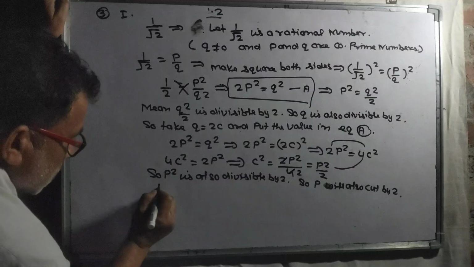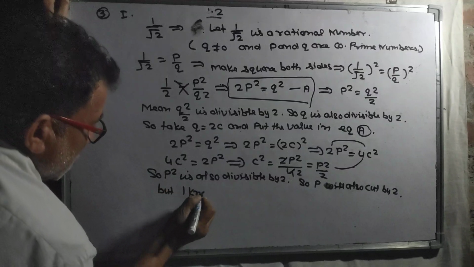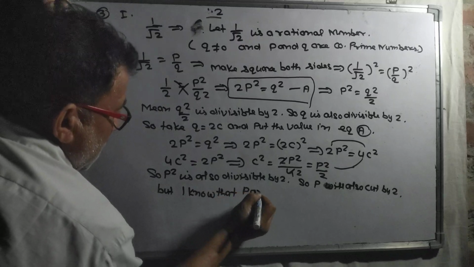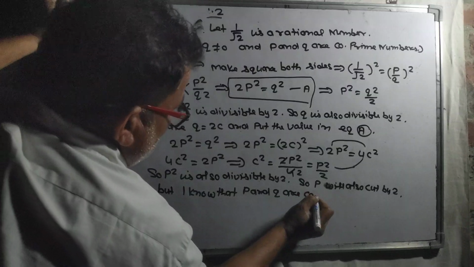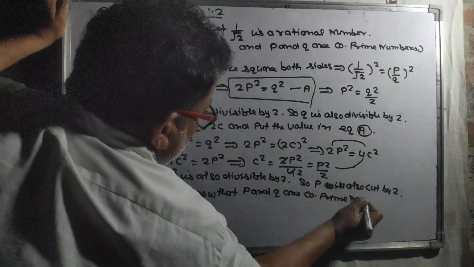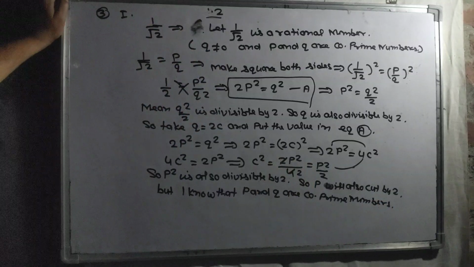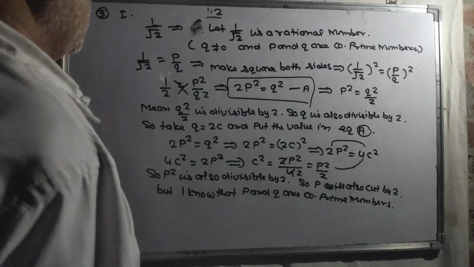But I know that p and q are co-prime numbers. This happened because our assumption was wrong.